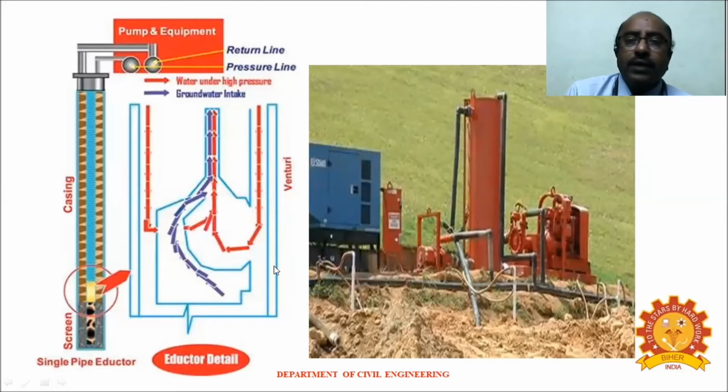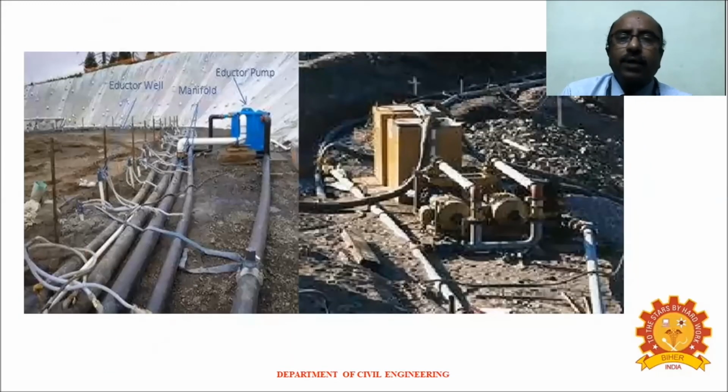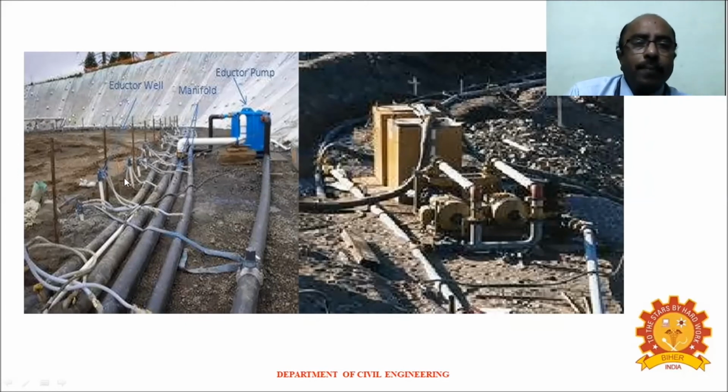That is the advantage. Here you can see that one bigger plant is available at the ground level, and it is connected to mini ejector pumps or the jet ejector system. Thereby, we can easily have a drawdown of 20 meters or 30 meters from the existing groundwater table. This picture shows the header pipe and the ejector pump, and thereby the water is pumped from many well points.